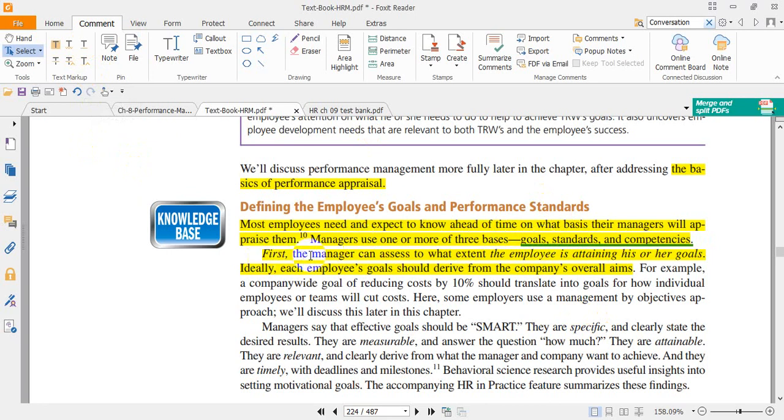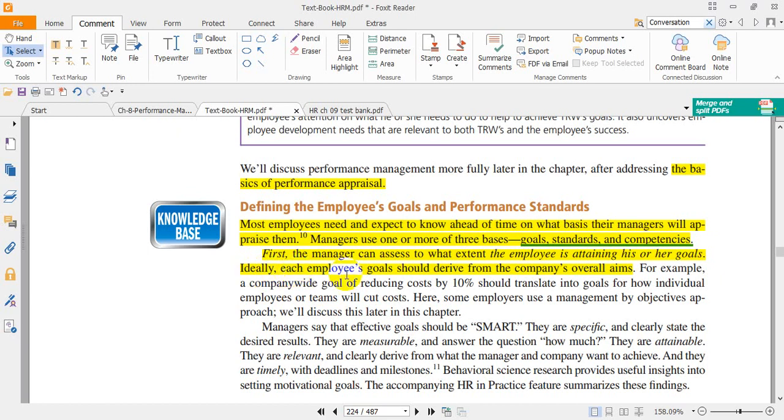The first one is goals. On the basis of goals, managers can assess to what extent the employee is attaining his or her goals.